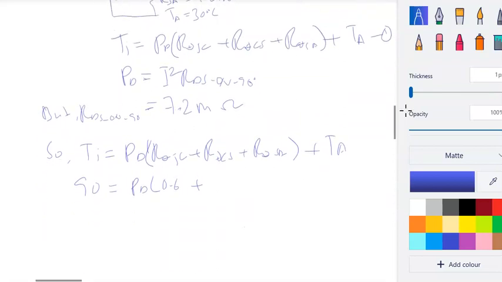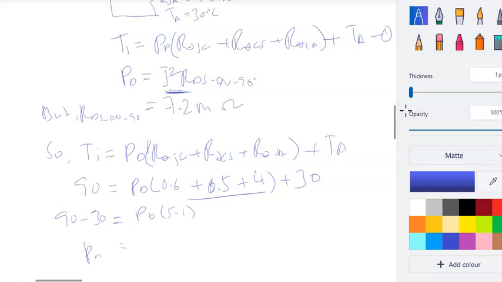R thermal Cs is 0.5 as provided. R thermal Sa is 4, and ambient is 30. So this is the PD that we have to calculate, to know how much current this device can conduct when we use the heat sink. So 90 minus 30 equals PD times the total of all the values inside, which is 5.1.